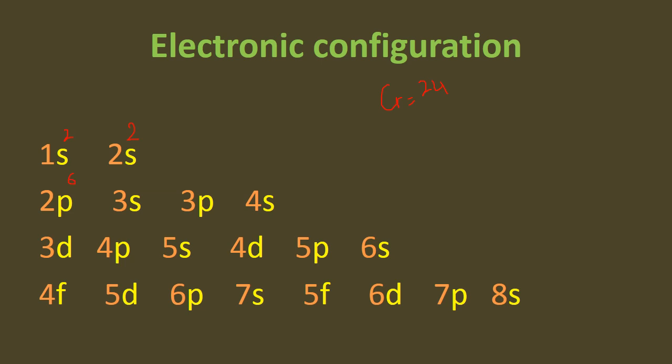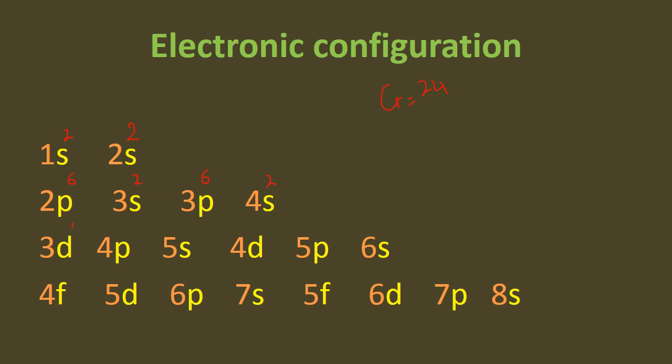more than 6 electrons. Then 2 in 3s, 6 in 3p, 2 in 4s. So let's count, they are 20. Now after 20, 4 electrons are left behind.